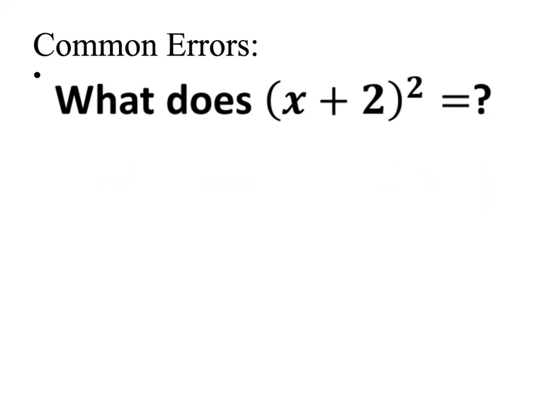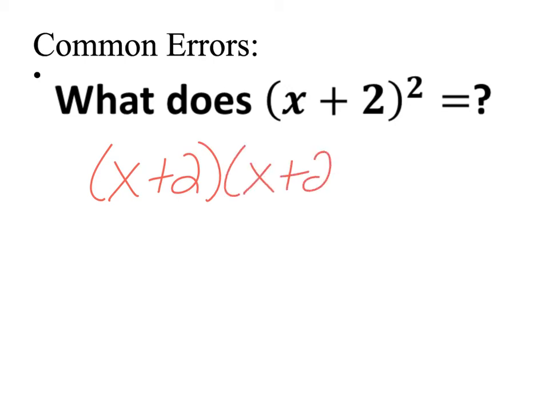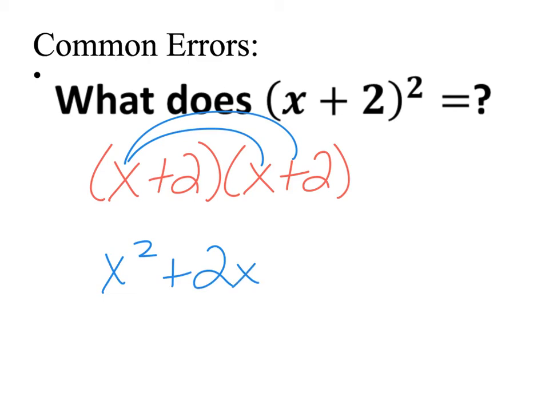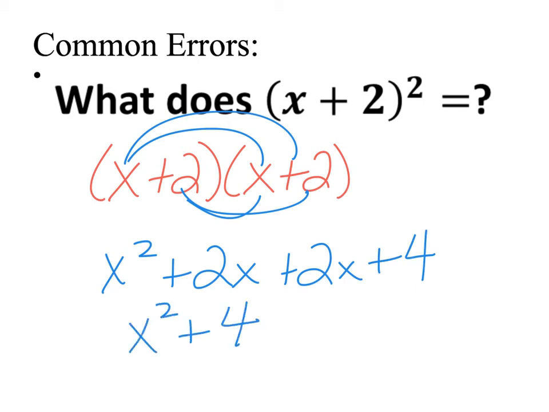But then when we see something like what we see here, it's x plus 2 to the second power, which means x plus 2 times x plus 2. And so when you do your distributive property, and you combine like terms, and we write it in standard form, this is our answer.